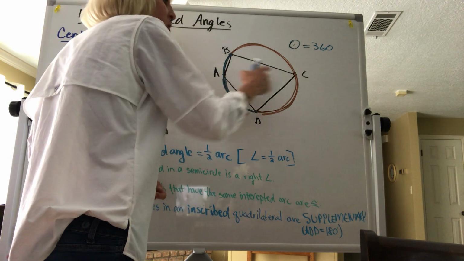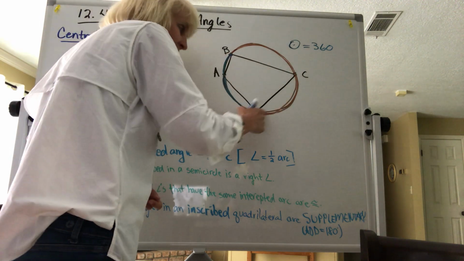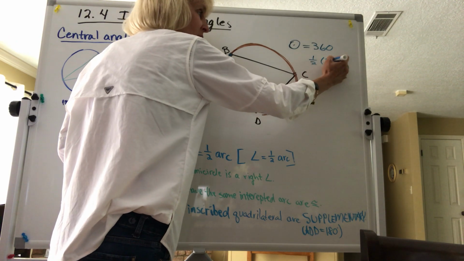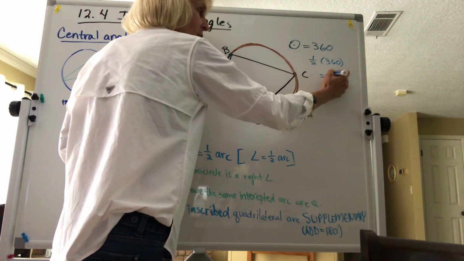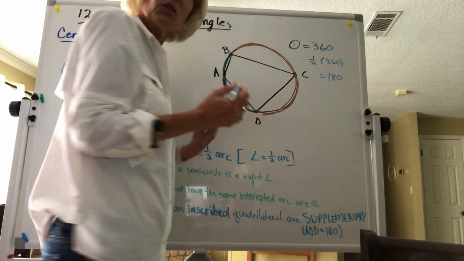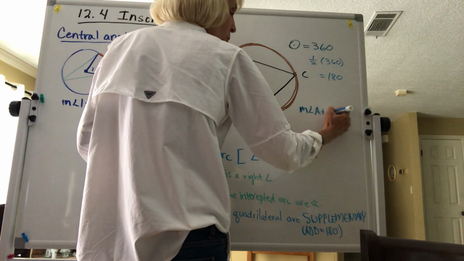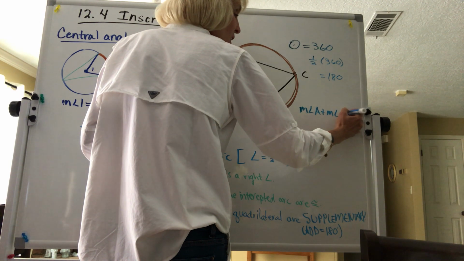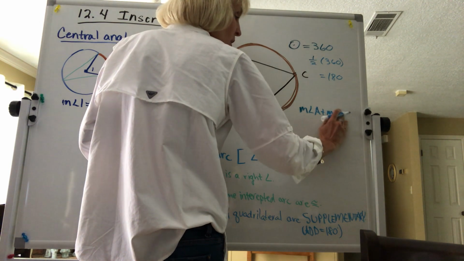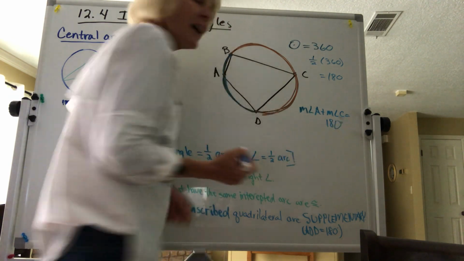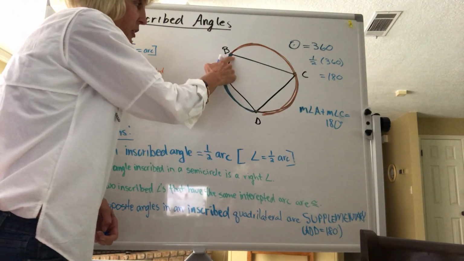So since the angle is half the arc, it's half of this, it's half of this, and half of 360 would be 180 degrees. So all we're looking at here is the measure of angle A plus the measure of angle C has to equal 180 degrees. Likewise, we could do the same thing here.